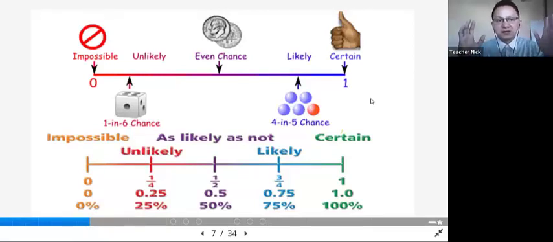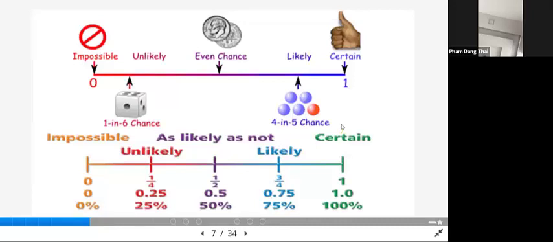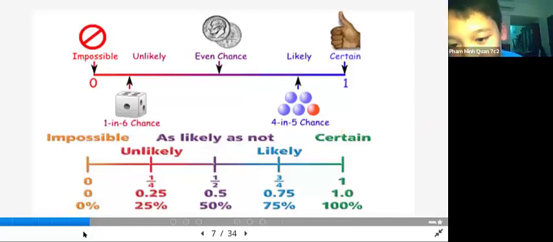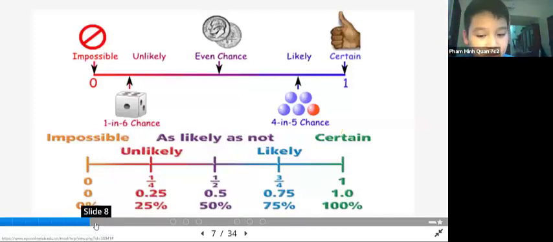As long as it's from 0 to 1, those numbers are fractions, decimals, or percentages, right? Below, you can see that 1/4, unlikely, is the same as 0.25, or in percentage, 25%. Do you have any questions with this? No? Is it understandable? All right. Okay.